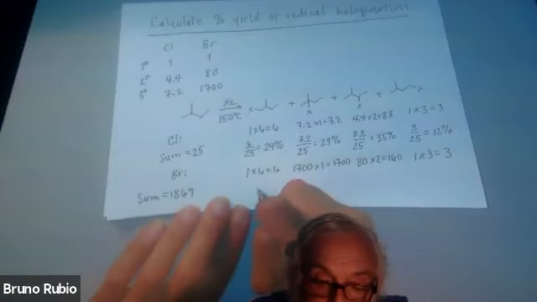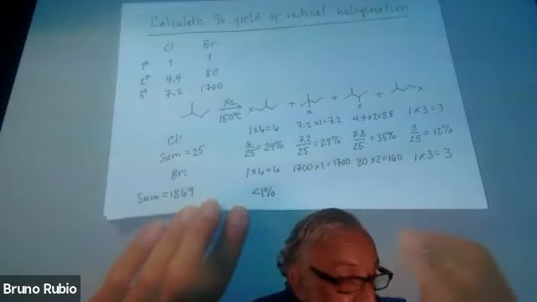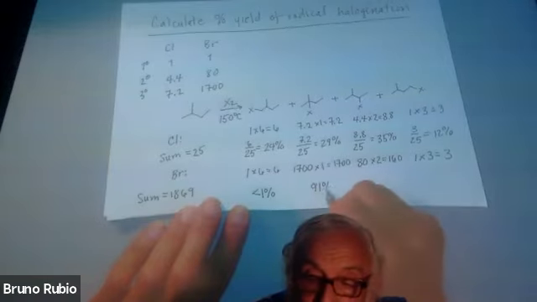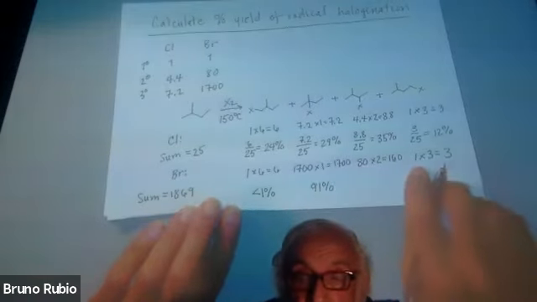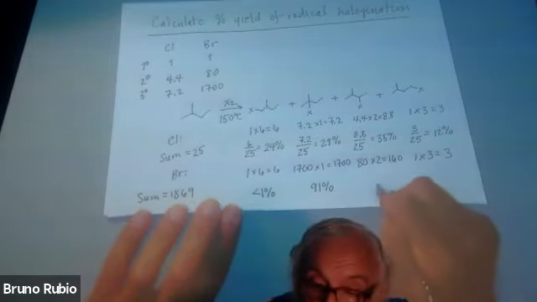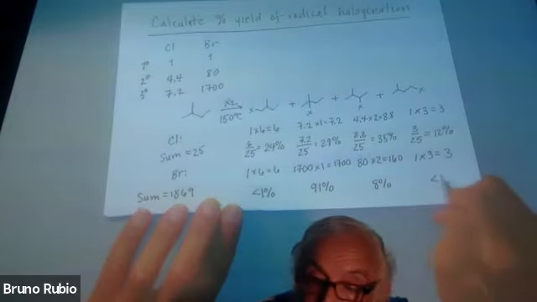We get less than 1% yield of this one. This one is a whopping big 91% for the replacement of the tertiary. This one is 8%, and this one is less than 1%.